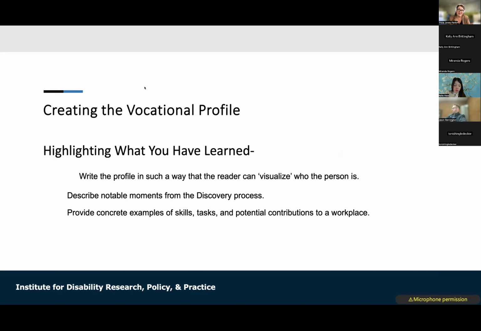Providing these concrete examples of skills and tasks that you observed and what their potential contributions to a workplace might be. So again, this is why it's really important that your discovery activities are action oriented, that you're really able to draw from these experiences that you've set up for this person.